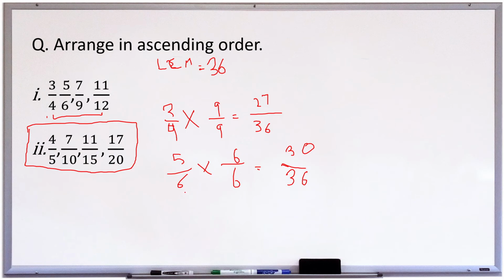Okay, now 7 upon 9. The same number over here. So 36 divided by 9 is 4. The same number will multiply with the numerator also. 7 fours are 28.